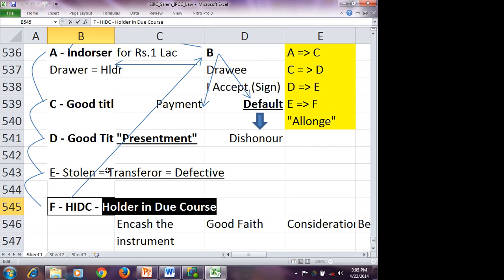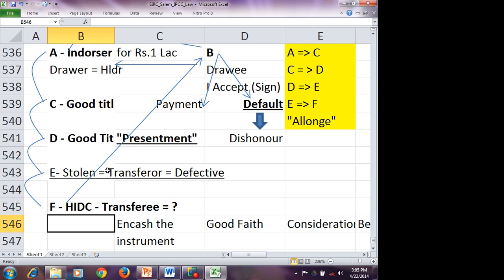F is a holder in due course, but then he is a transferee. What will be his title? Will he get a good title? Can therefore F sue B? What is the general rule of law under the Sale of Goods Act? No person can pass on a title better than he has.